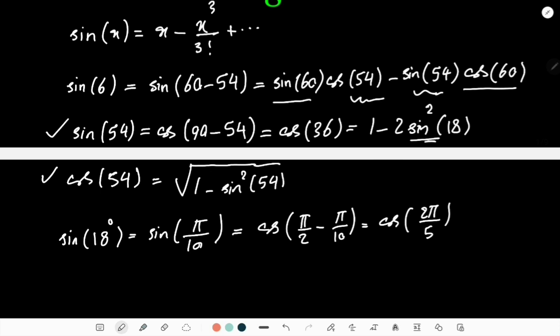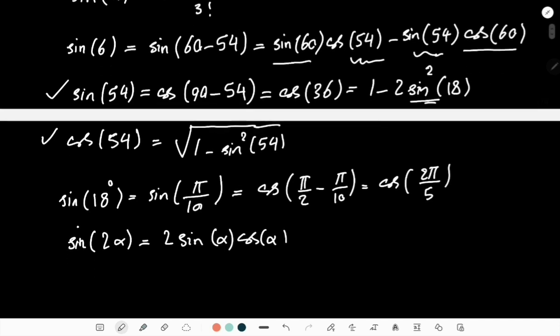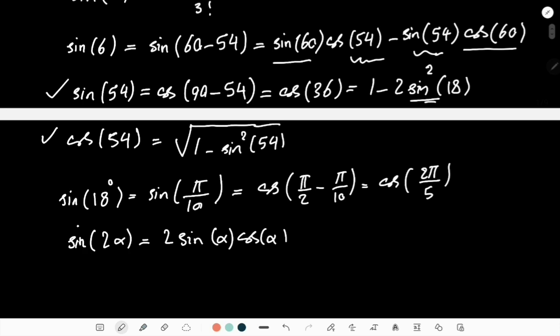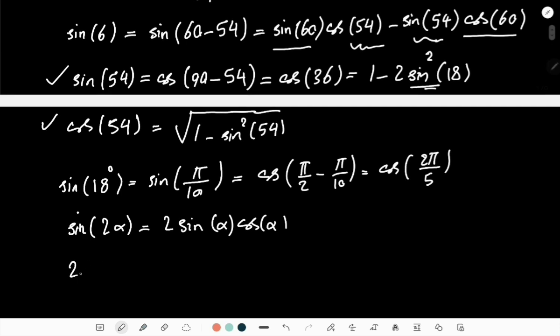So now let's consider a famous identity in trigonometry, which is basically sine of 2 alpha equals 2 sine of alpha cosine of alpha. And if I take alpha to be pi over 5, then what do I get? Then I have 2 sine of pi over 5 cosine of pi over 5.